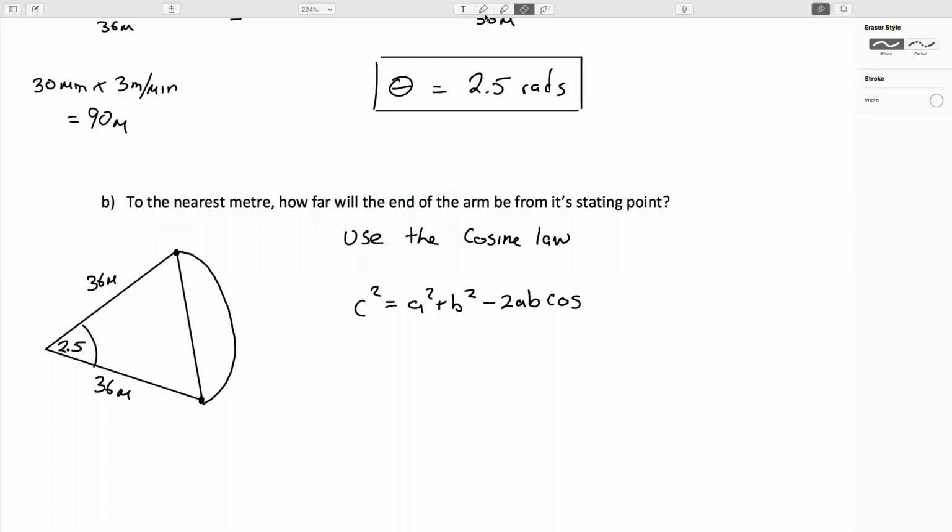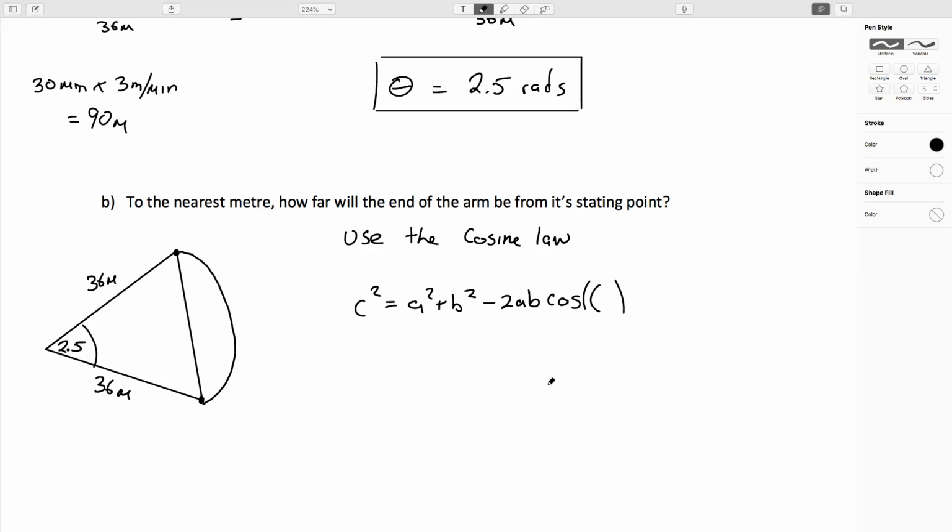This is going to be a capital. And by the way, this is just the Pythagorean theorem. This is a squared plus b squared is c squared. The only thing is that 2ab cos C allows you to use it for any triangle. If C is 90 degrees, this term is gone, and you just have the regular Pythagoras. But now we can generalize it to any triangle, and we're not stuck with only right-angled triangles.